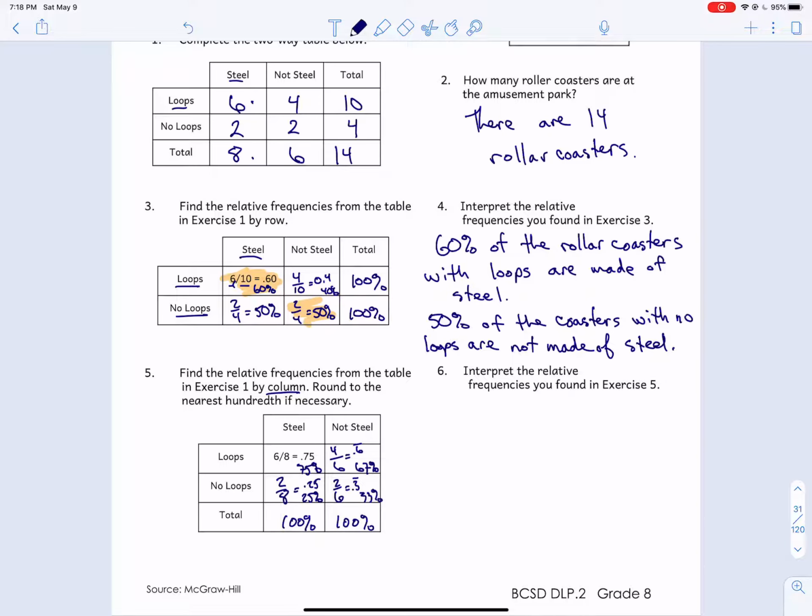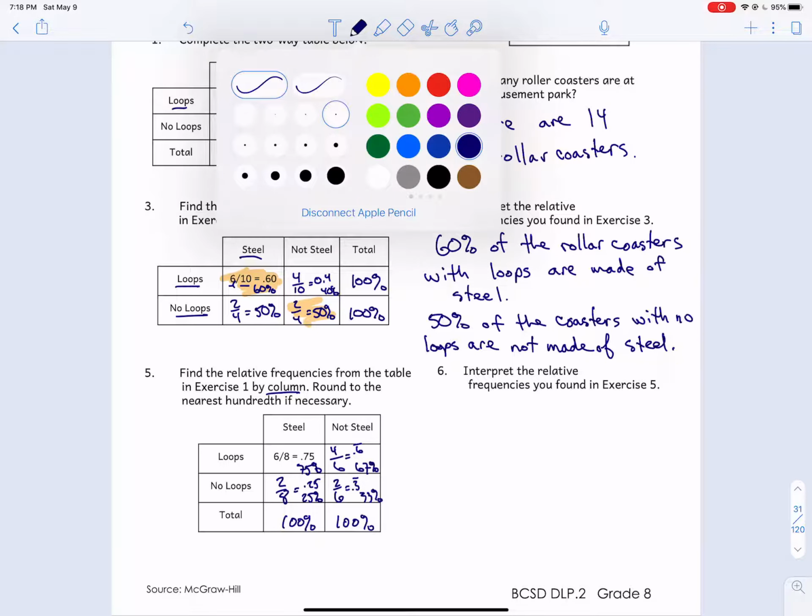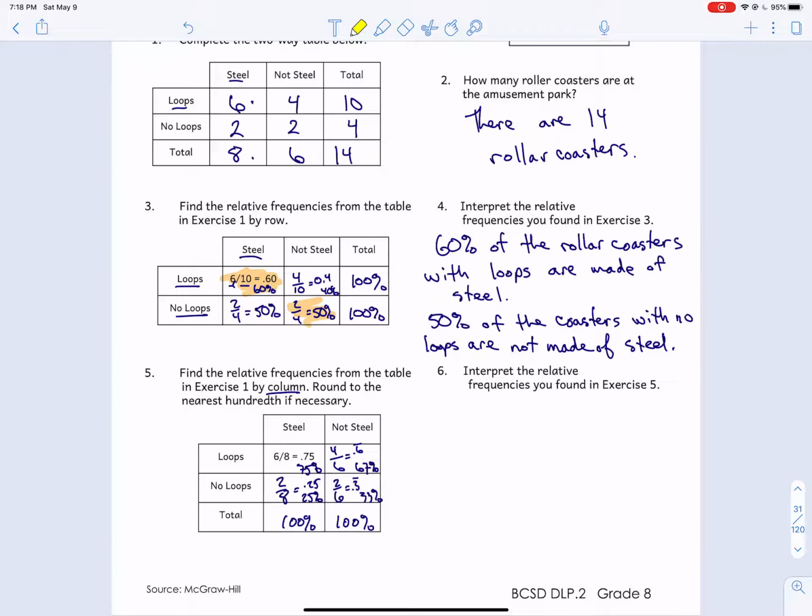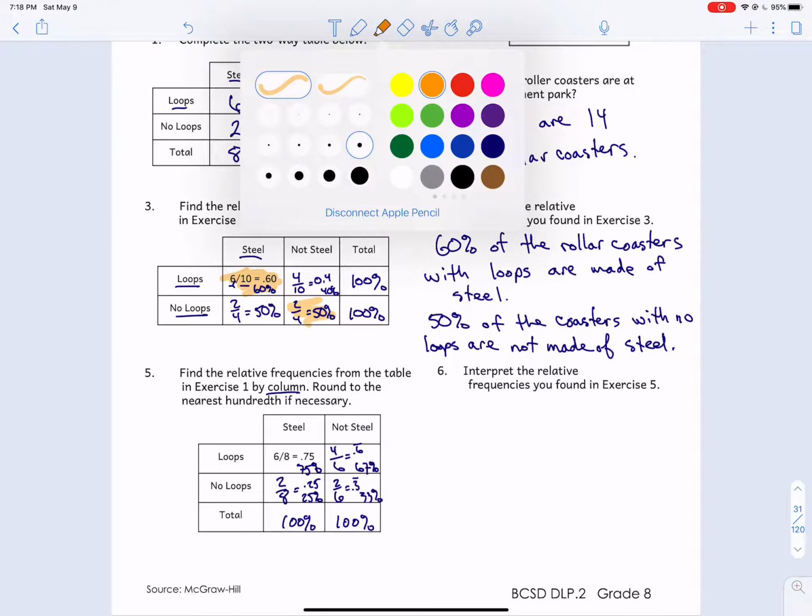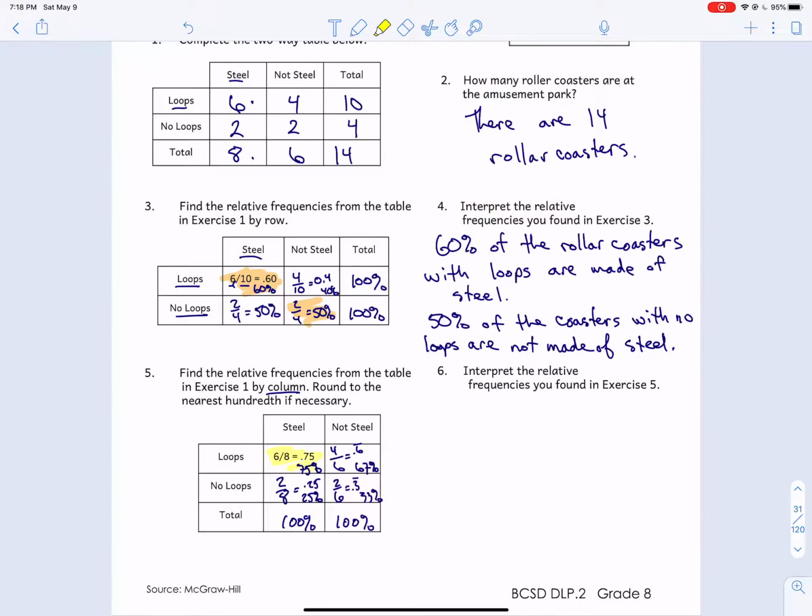Okay? And then let's choose 2 to write a statement about. So the first one. So now our wording has to change a little bit.